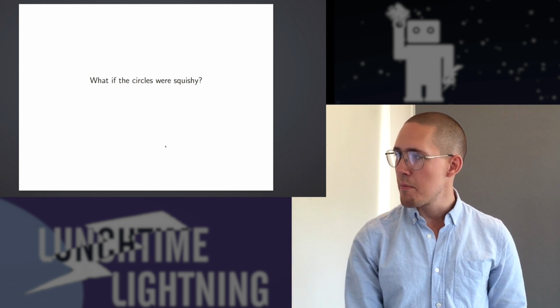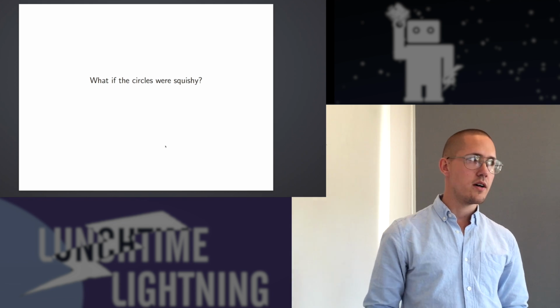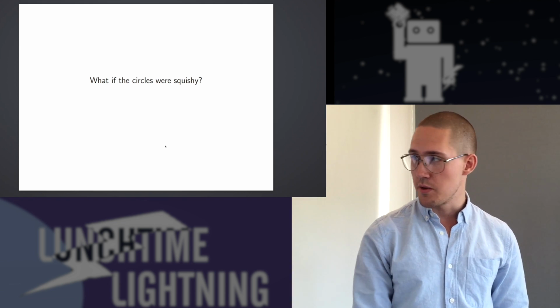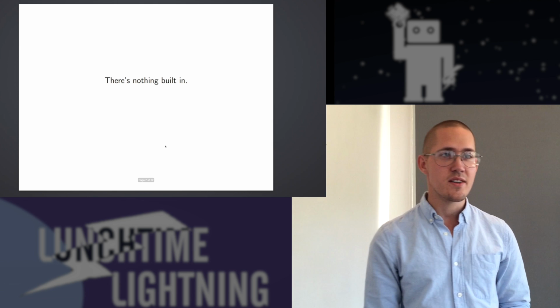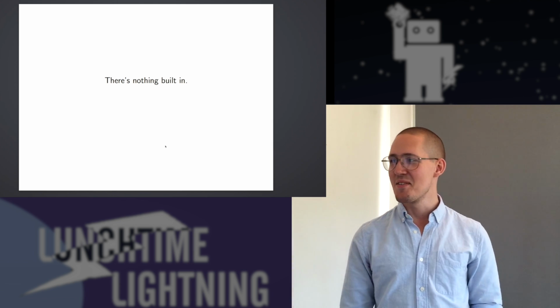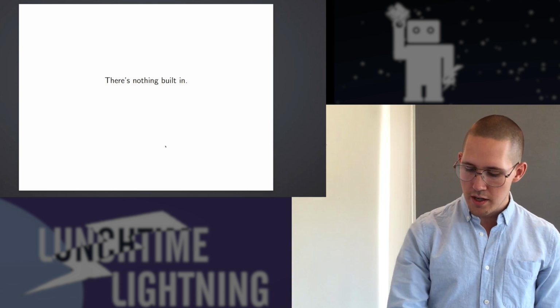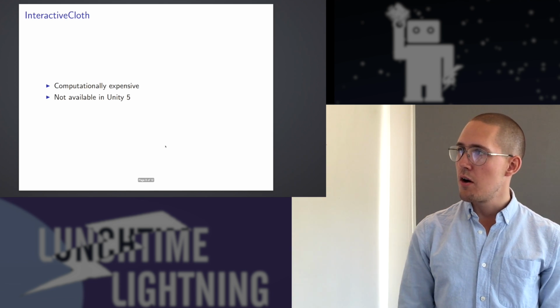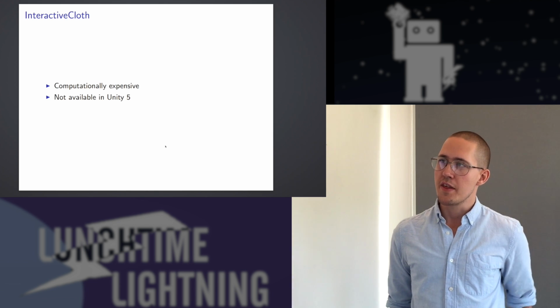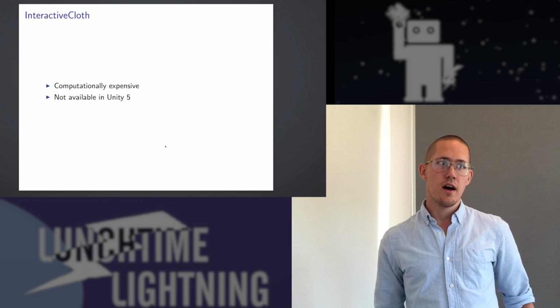So to make this happen, I had to investigate soft body physics in Unity. And it turns out there's nothing built in for this. In Unity 4, which is the previous version, there was a thing called interactive cloth that you could use.